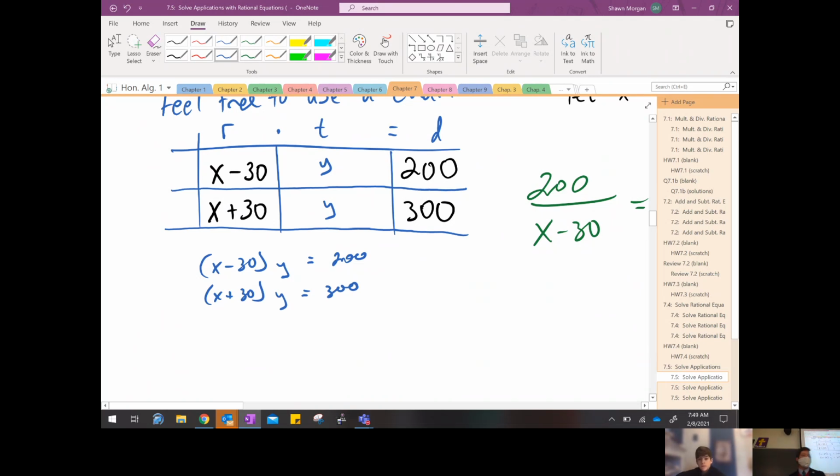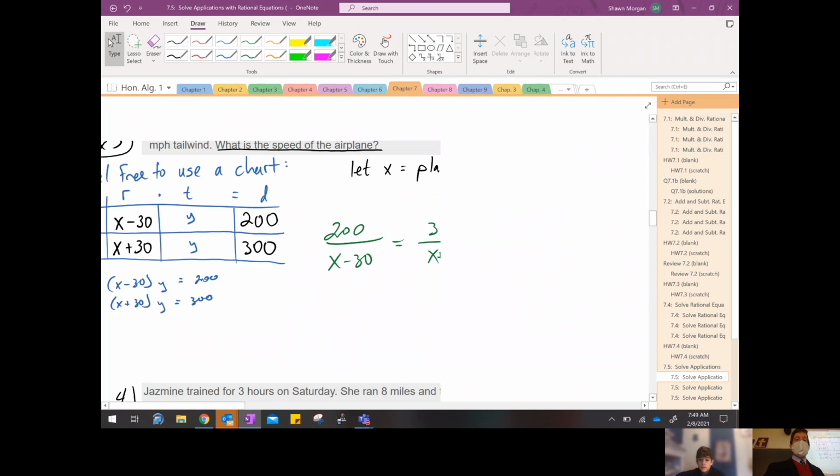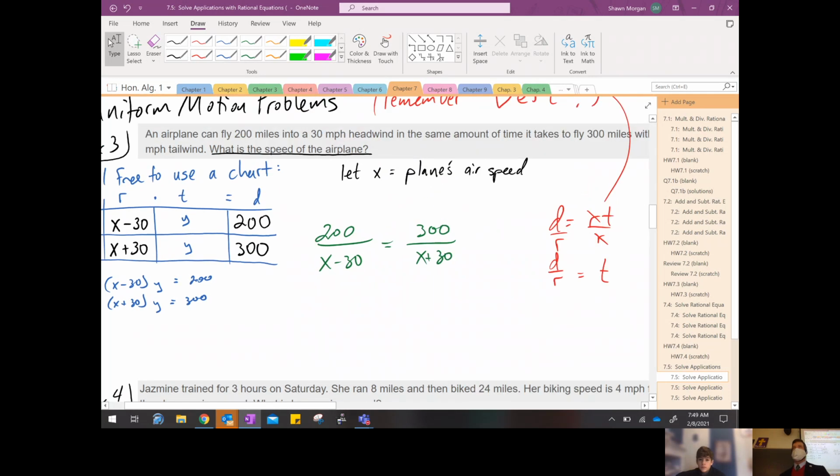That would be a system I'd probably solve using substitution. I would divide both sides by the parentheses, get y equals 200 over this and y equals 300 over that. Then if y equals this and y equals that, then this and that must be equal, and we'd get our proportion yet again.